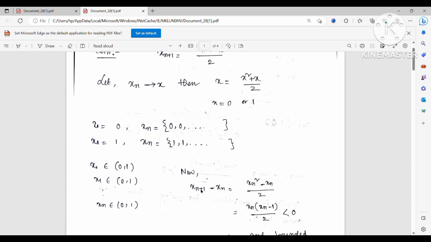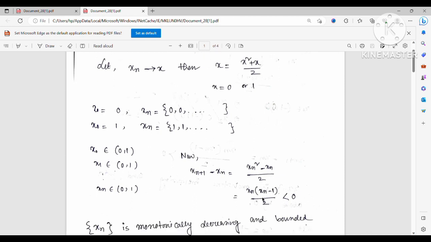Now observe that xn plus 1 minus xn is basically xn square plus xn divided by 2 minus xn, which is equal to xn square minus xn divided by 2, and that is xn into xn minus 1 by 2. Okay, now since xn belongs to 0, 1, then xn minus 1 is always a negative term, but xn is a positive term. So here we have a product of a negative term and a positive term, that is always less than 0.